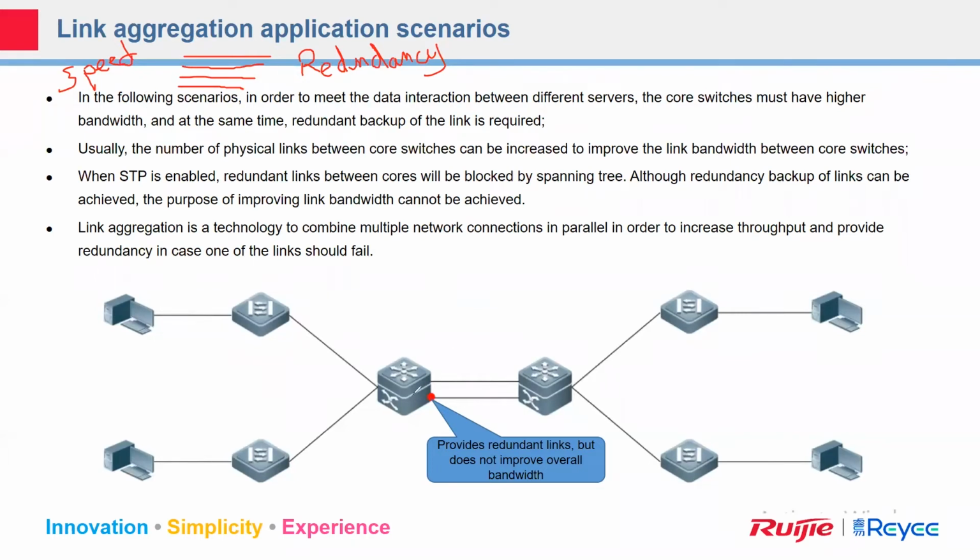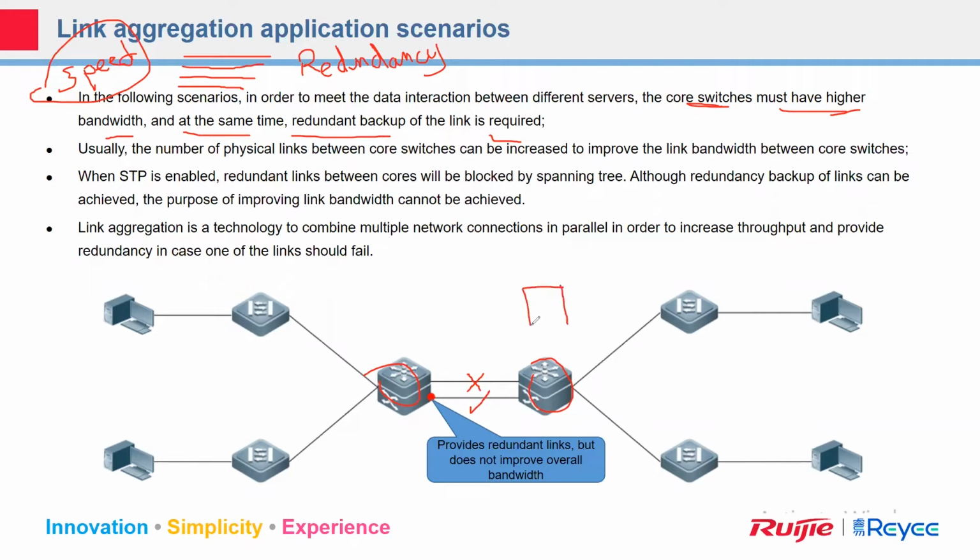In the following scenario, in order to meet the data interaction between different servers on those two switches, the core switches must have higher bandwidth, and at the same time, redundant backup of the link is required. So if this fails, this will work.